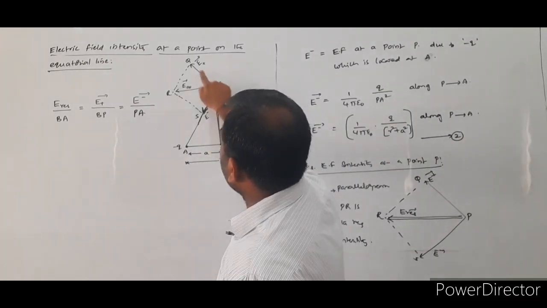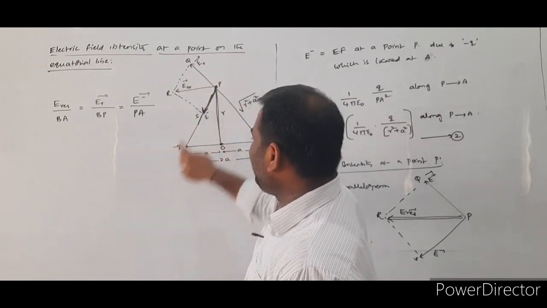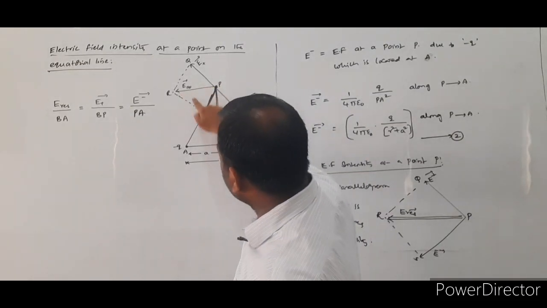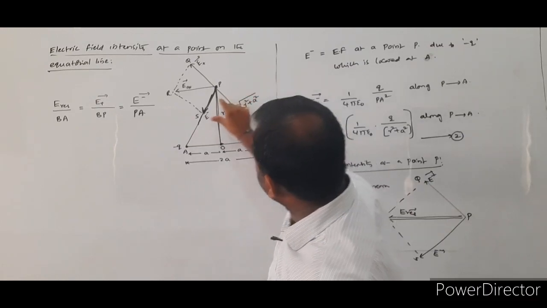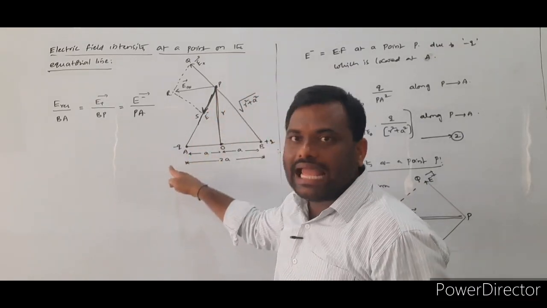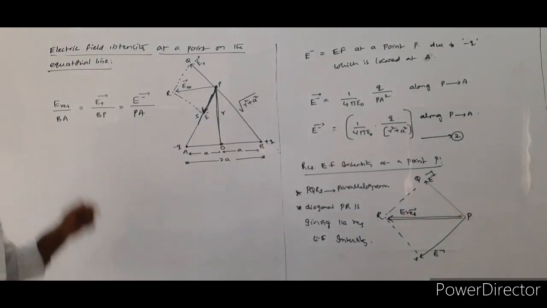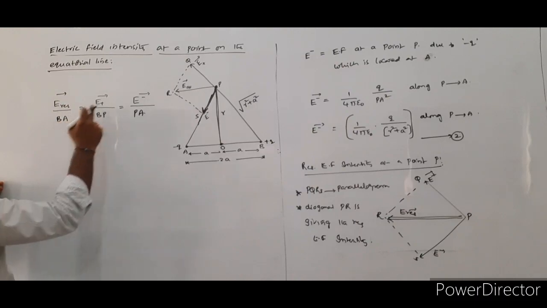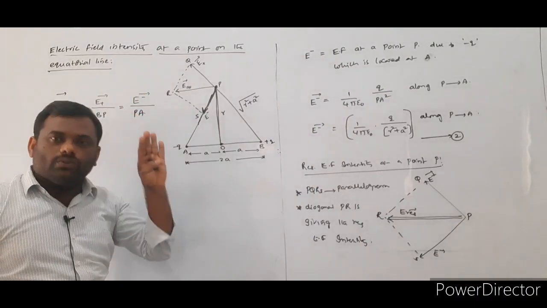PQR is looking like one triangle, and BPA is the other triangle. So the base of this triangle by the base of that triangle, and this side by this side, and this side by the bigger triangle's side, will be equal. So E resultant by BA is equal to E plus by BP is equal to E minus by PA.